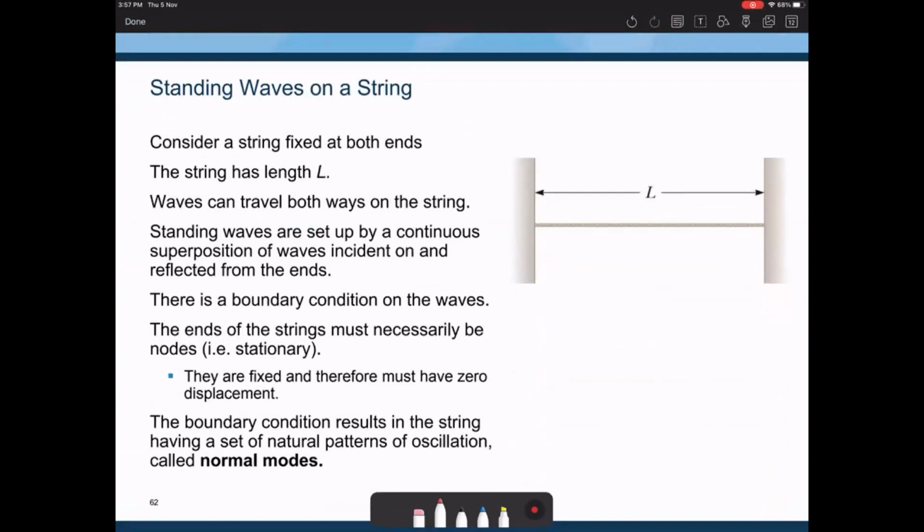This is, of course, just a simple string, and there would be certainly some tension generated on it. When you shake the string, it typically would introduce a lot of different frequencies of oscillation in the string.